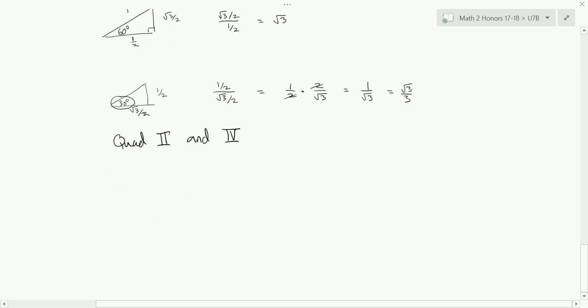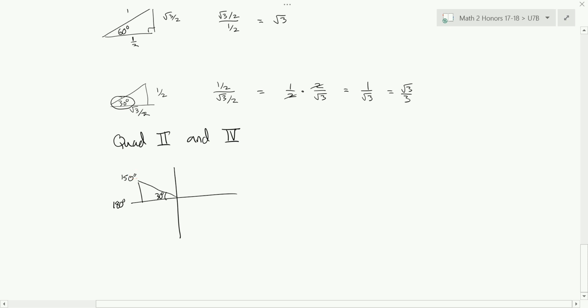And so then once you're there, it's pretty easy. You just put that reference angle in quadrant 2 and 4. So here's 30 degrees in quadrant 2. If this is 180, what would this one be? 150. Okay, but I'm in degrees.